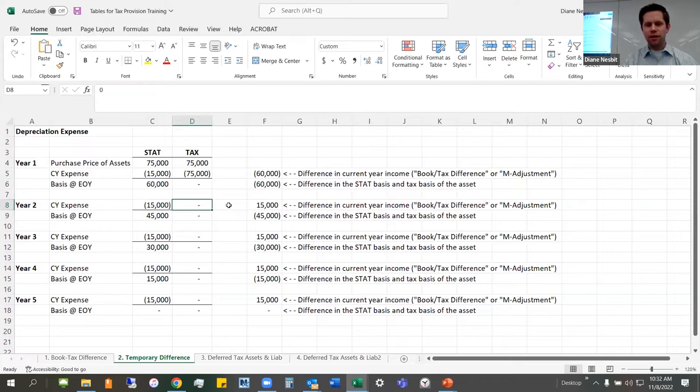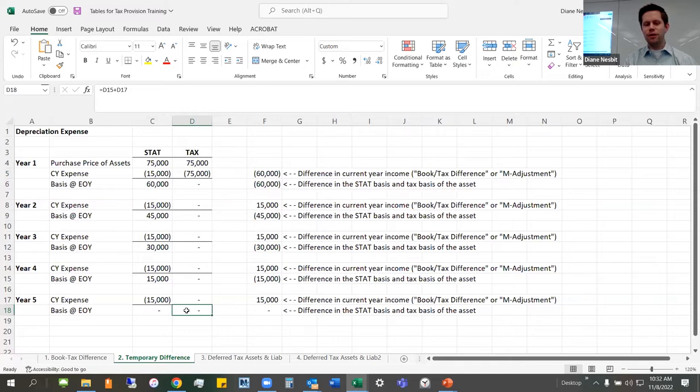And so at the end of that year, your basis is going down for book, but the basis for your tax has already gone to zero. You see the basis approaching zero throughout the next years. By the end of the life of the asset, you've recognized for book purposes the $75,000 of depreciation that you recognized all in the first year for tax purposes.